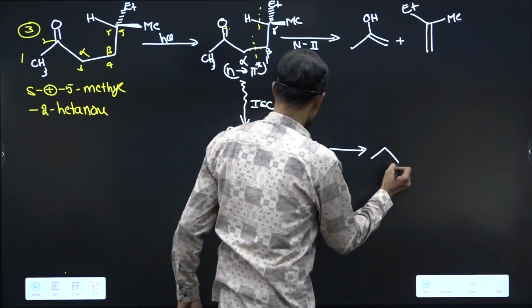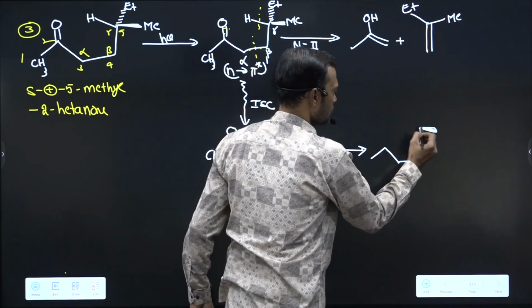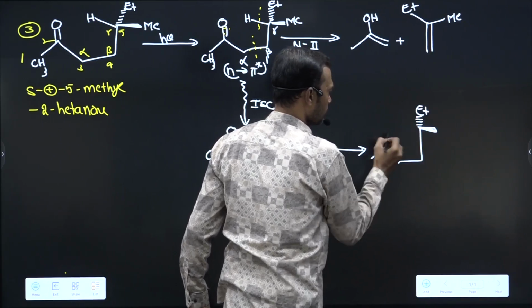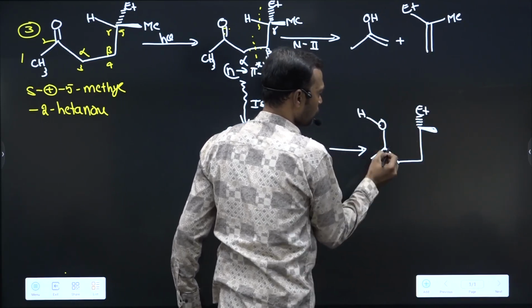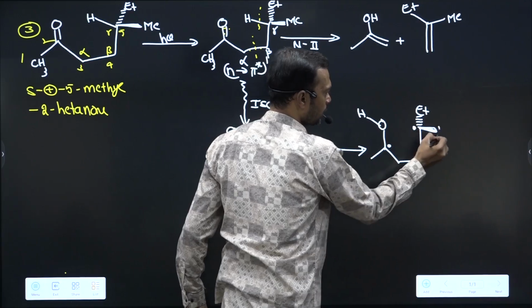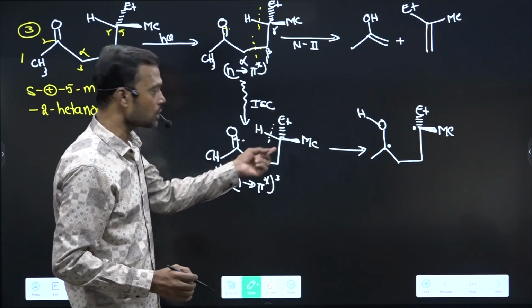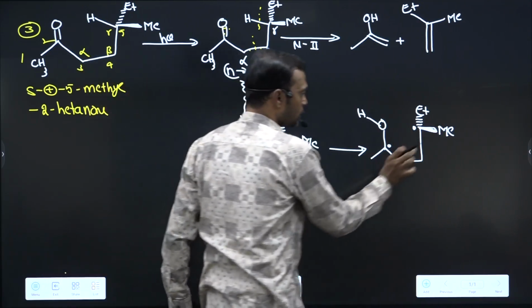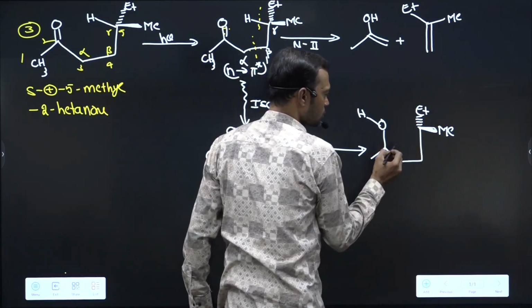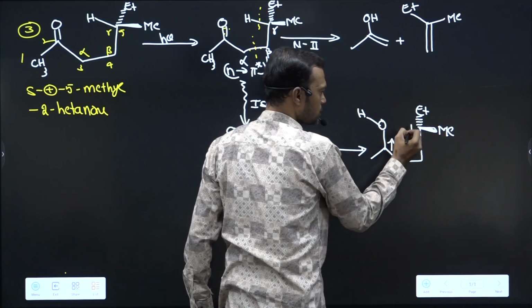When hydrogen transfer takes place, this is methyl and this is ethyl. Can I write OH here? This is OH. Here a radical and here one more radical like this. So when you write two radicals after writing the 1,4-biradical, is it a triplet state or not? What is the spin of the two electrons? The spin of the two electrons is clockwise and here clockwise.